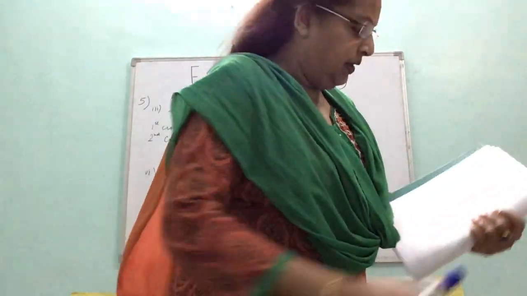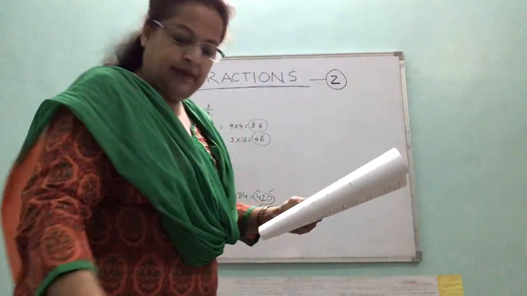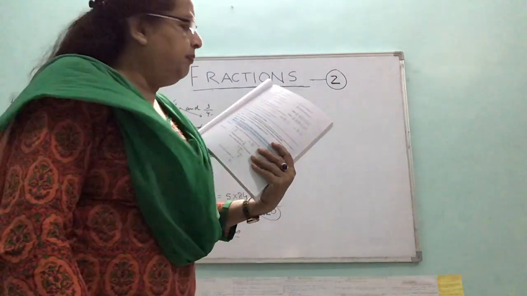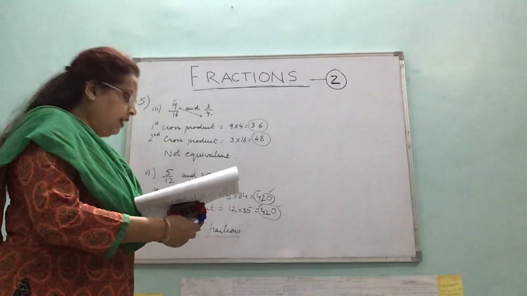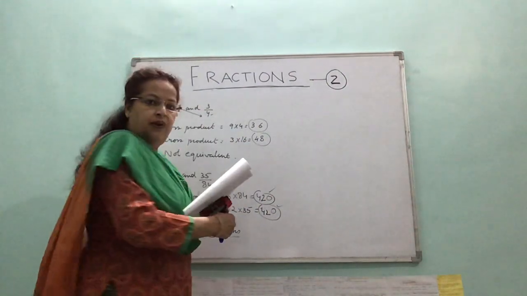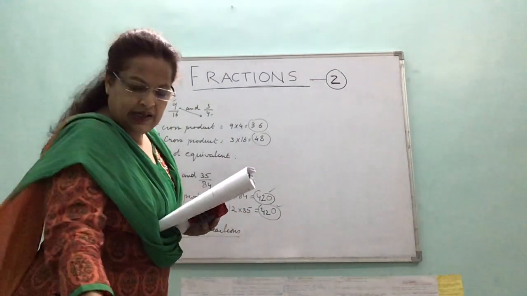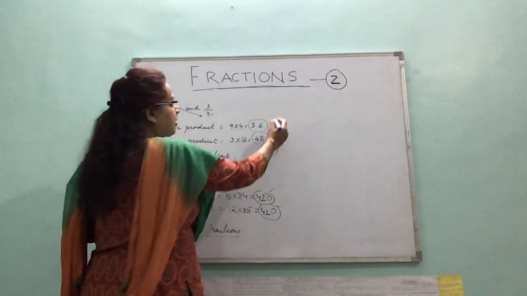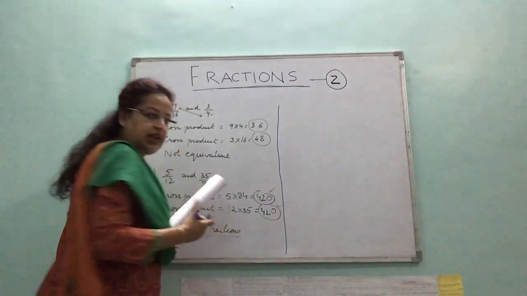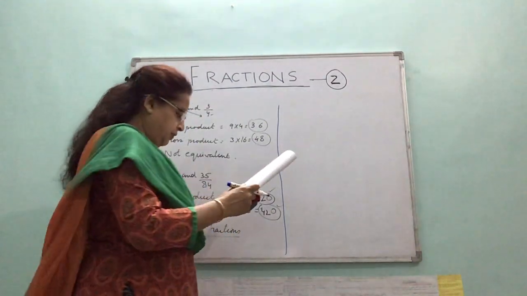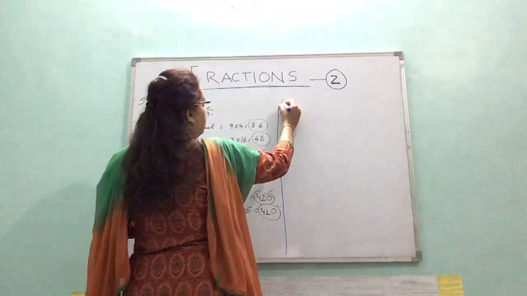Okay, now I am taking another question. Question number 6. Now I will take one part of these so that we can do a little quickly. Now question number 6. These are all questions which you get in section A in your examination, which is for 1 or 2 marks. So these type of questions you get in the examination for 1 or 2 marks. So question number 6.